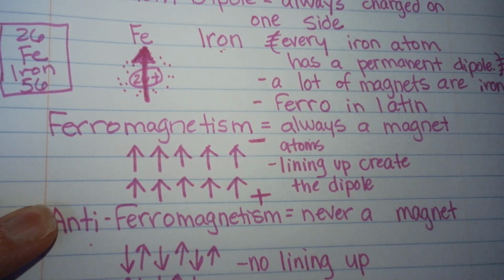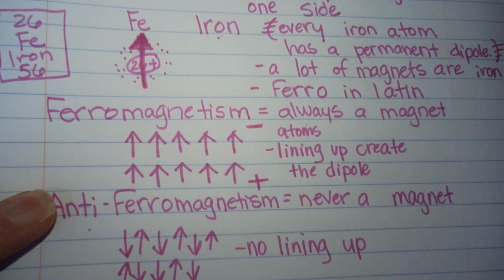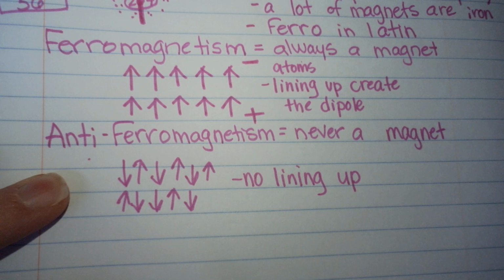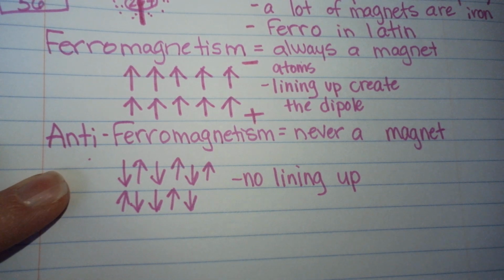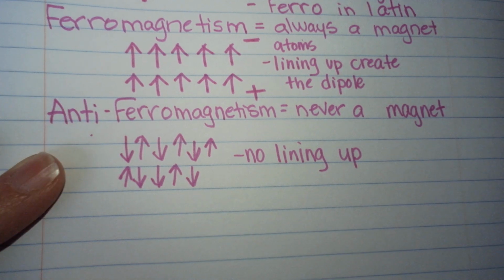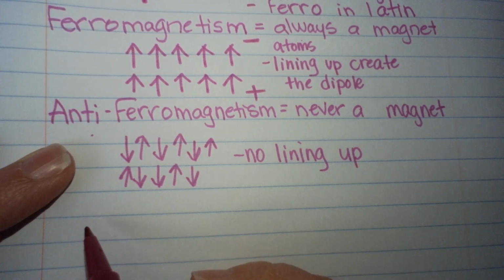So sometimes things that are not magnetic, okay, can be encouraged to have magnetism if an electric current is run over them. It can cause the electrons to start to go in the same direction. So we should write that down.